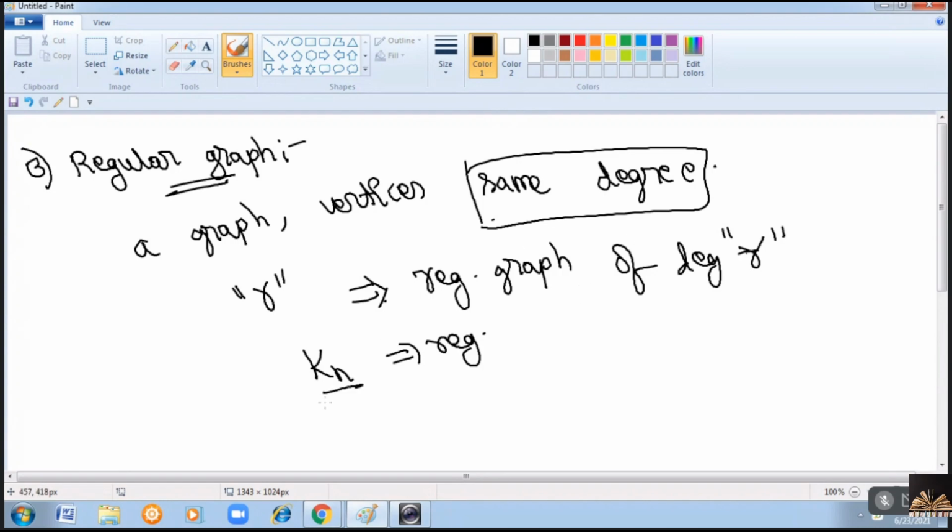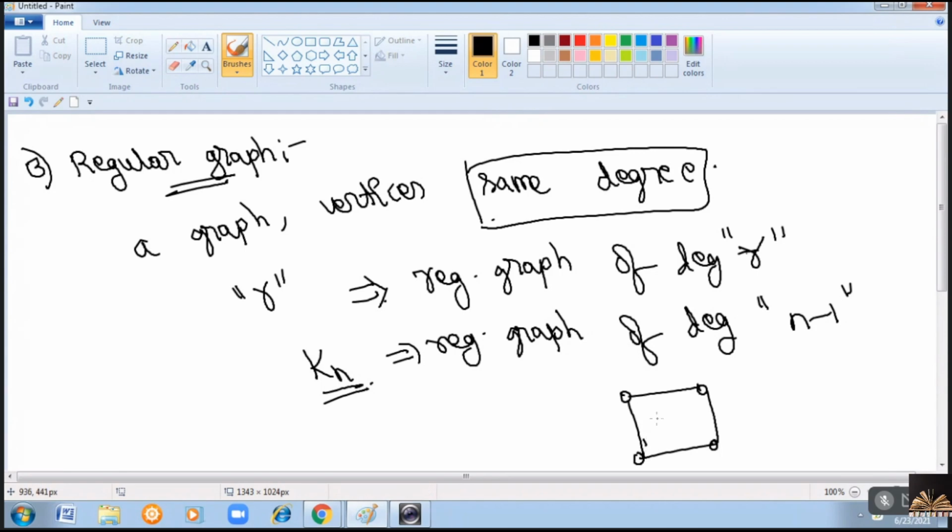So a complete graph Kn will be treated as a regular graph of degree n minus 1. Clear?